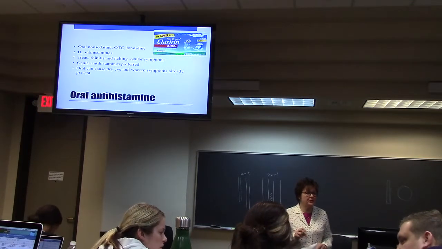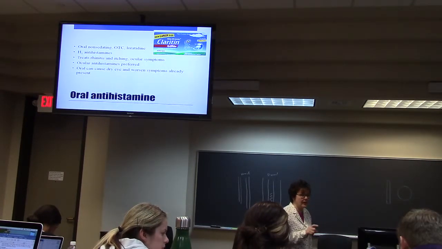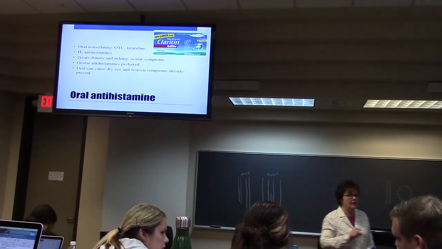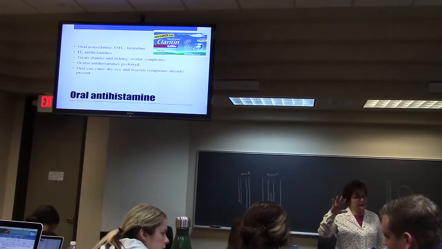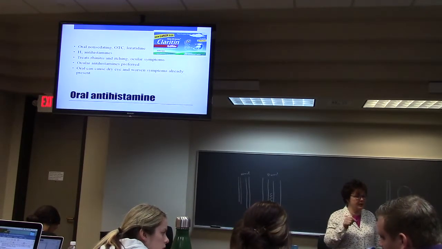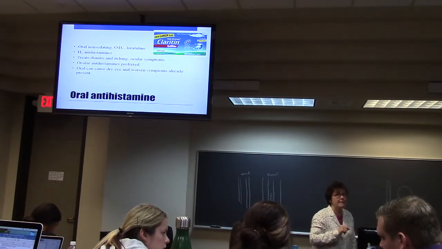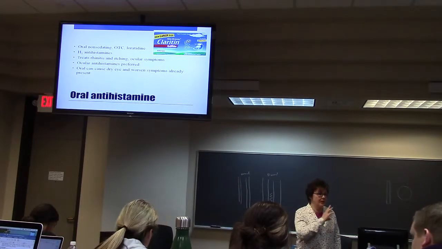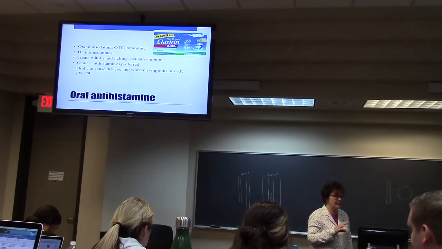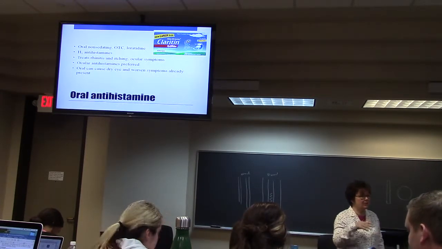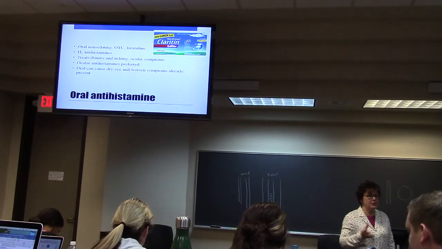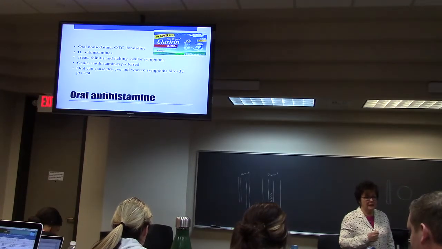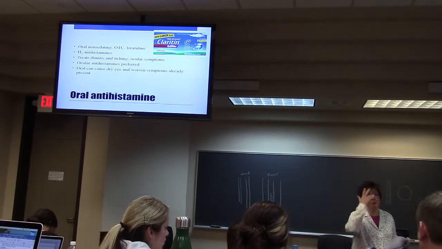It's a second generation. So the first generation antihistamines, like Benadryl, enter into the CNS. So that's where you get more CNS effects. That's why we prefer these second generations. The first generation are very sedating. Like you can take Claritin in the morning and not be sleepy all day. If you take Benadryl, you're going to want to go back to bed. Yeah, most of you are shaking your heads, so you've got some experience with that.